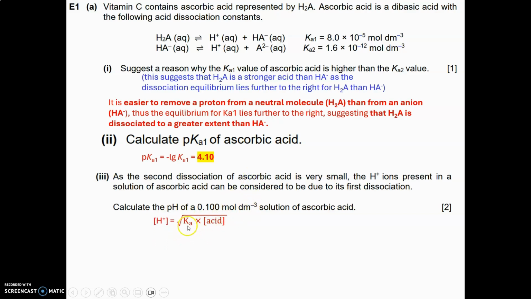So this is the shortcut equation that you can use. It is very easy. You just substitute in all the values. The H+ concentration is 2.83 times 10 to the power of negative 3 mol per dm cube. So pH is negative log of this, which will be 2.55.